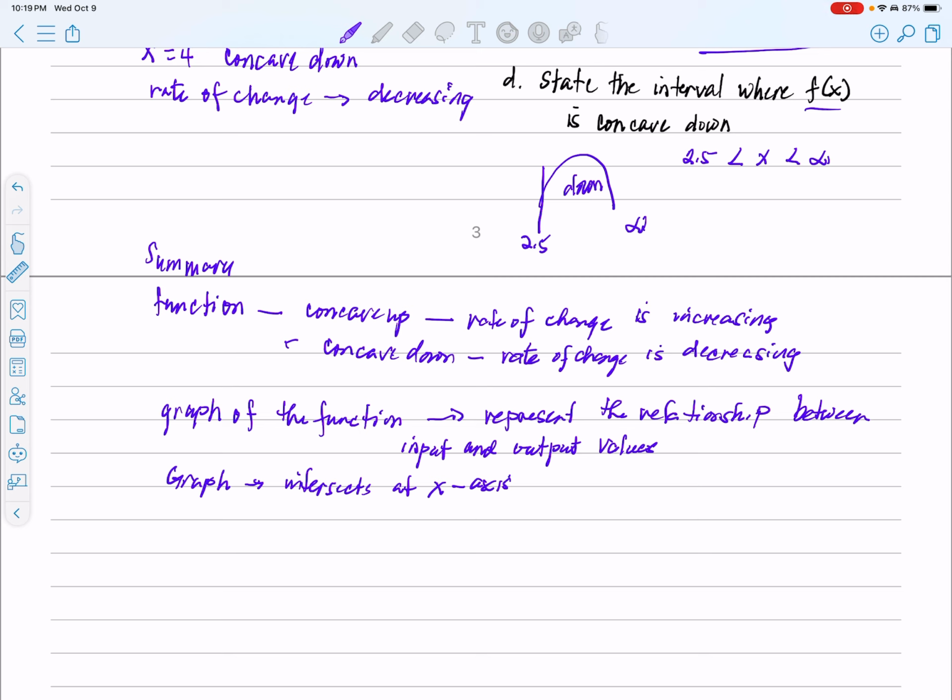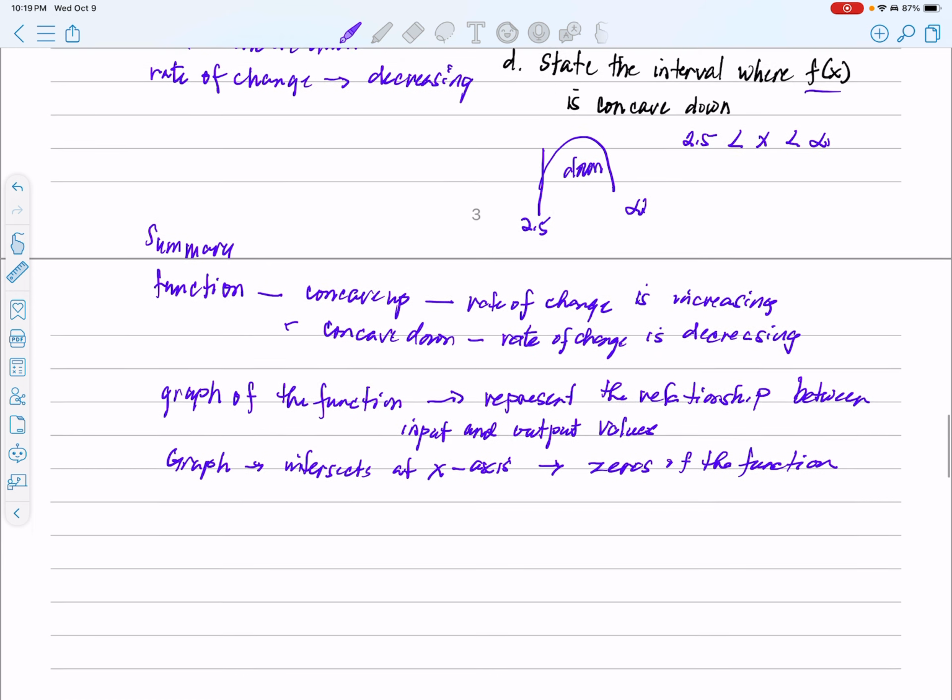So that is the zeros of the function. I think these are the most important elements that we are talking about in part 2.